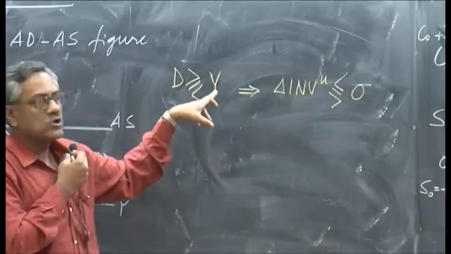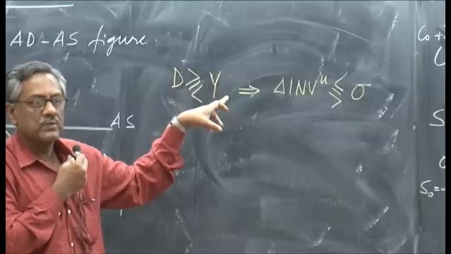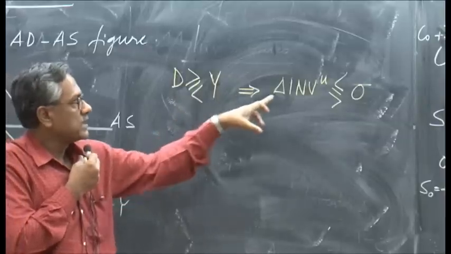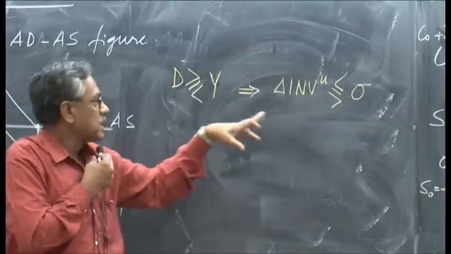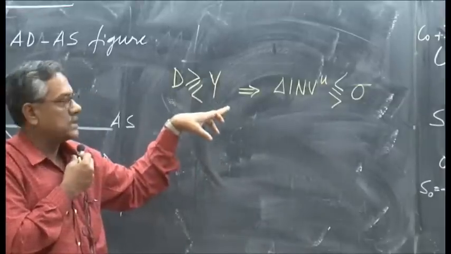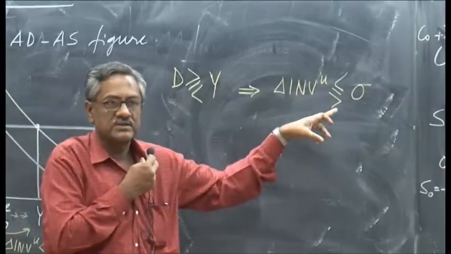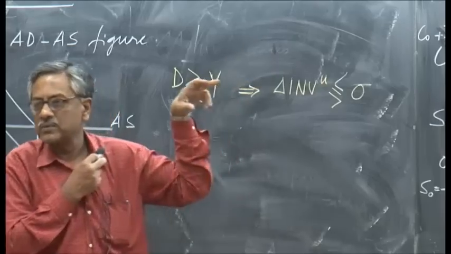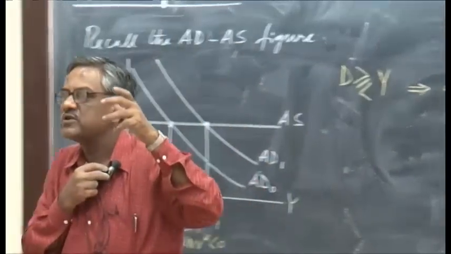If demand is equal to output, whatever the company produces, then delta INVU reaches 0. If demand is less than output, delta INVU is greater than 0. This relationship ensures that the market reaches equilibrium. Company adjustments ensure that the market reaches equilibrium. This is called a stability condition. The stability is ensured through the inventory adjustments.